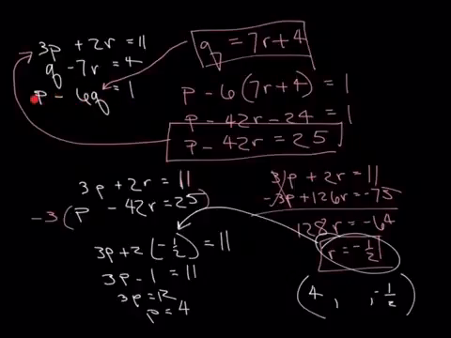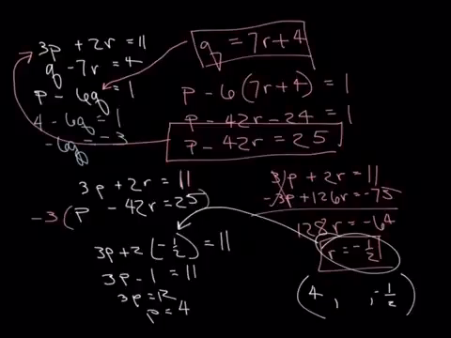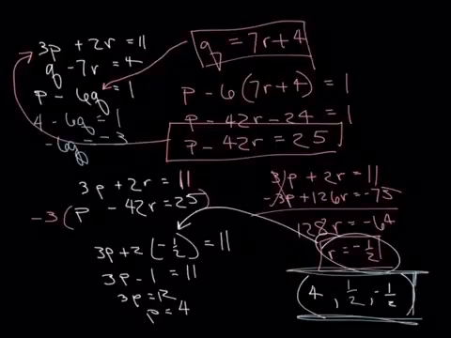Well, if p is 4, that one isn't a fraction, so I'll probably do that one. It doesn't matter which one, but so 4 minus 6q equals 1. Negative 6q equals negative 3. So q equals 1/2. There we go.